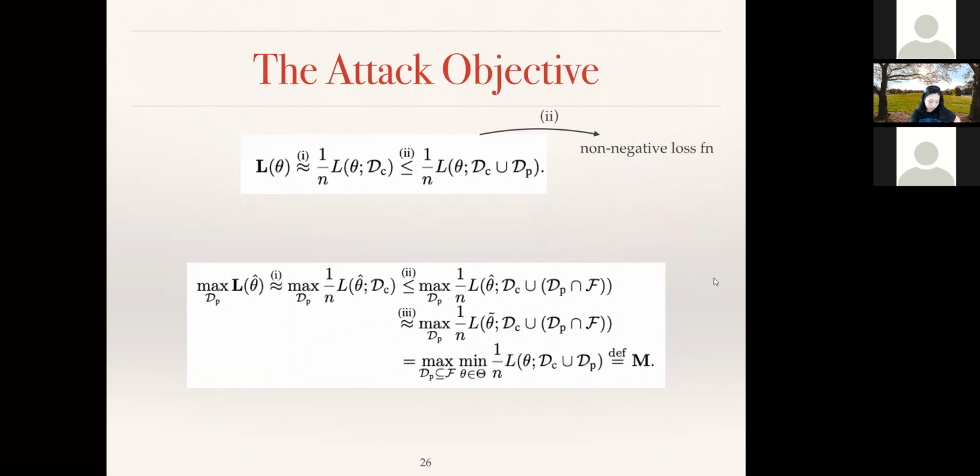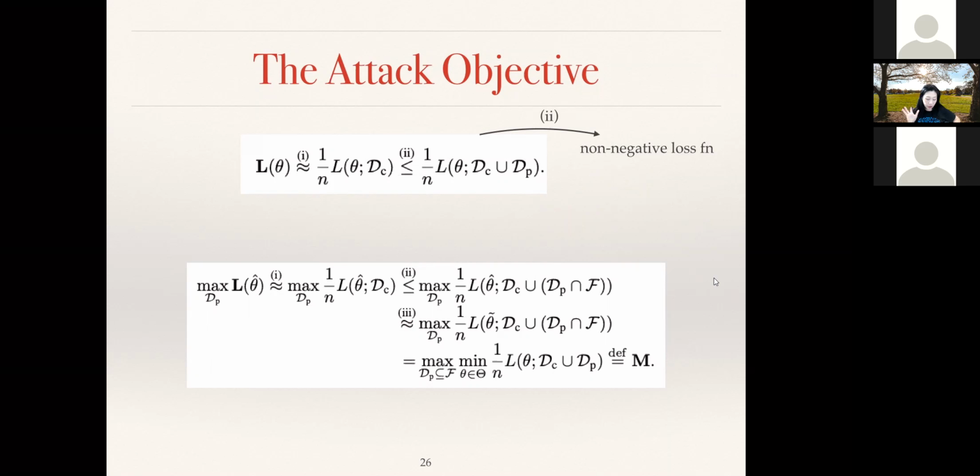Putting it all together, the worst case test loss from any attacker DP with epsilon n elements is approximated and upper bounded by M here, the last equation. Intuitively, the attacker achieves M by trying to maximize the loss on the full data set by adding poisoned points from the feasible set. This is a very important claim.